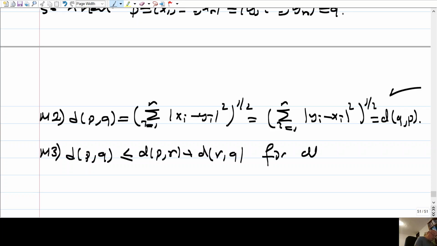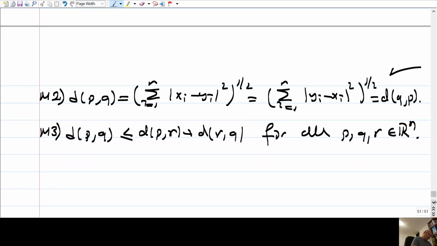For all P, Q, R in Rn. For this, we need the Cauchy-Schwarz inequality.